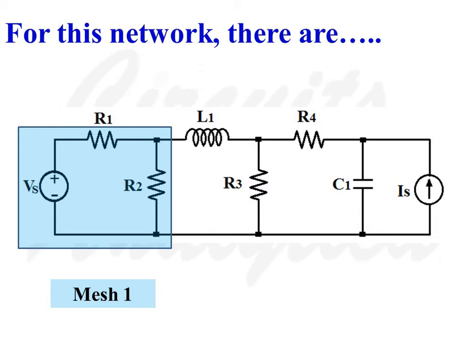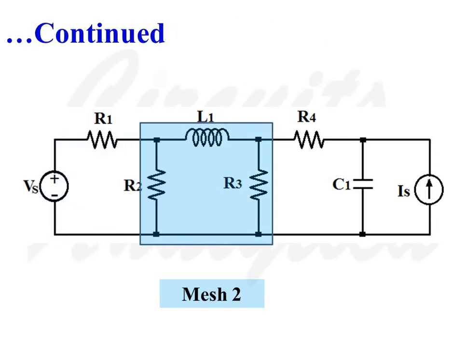And for this network, there are 4 meshes. So let us consider each mesh one by one. So this is mesh number 1, which consists of voltage source Vs, resistance R1 and R2. This is mesh number 2, which consists of 2 resistors and 1 inductor.